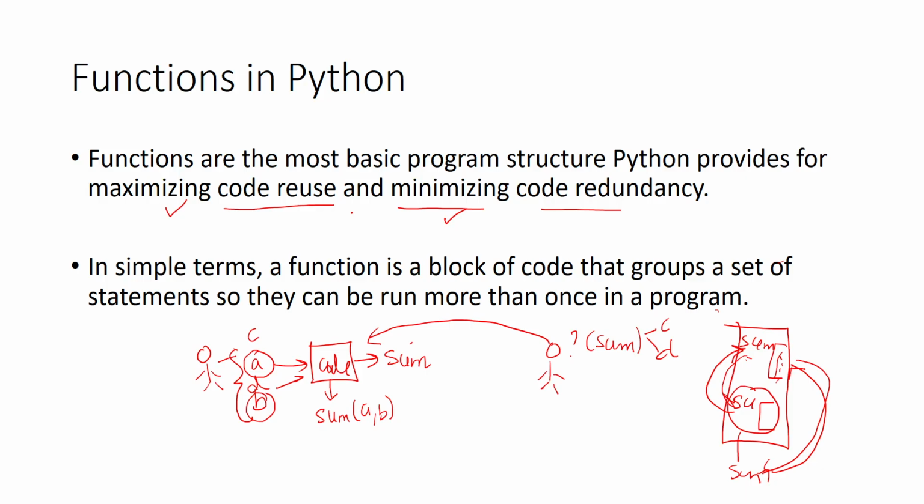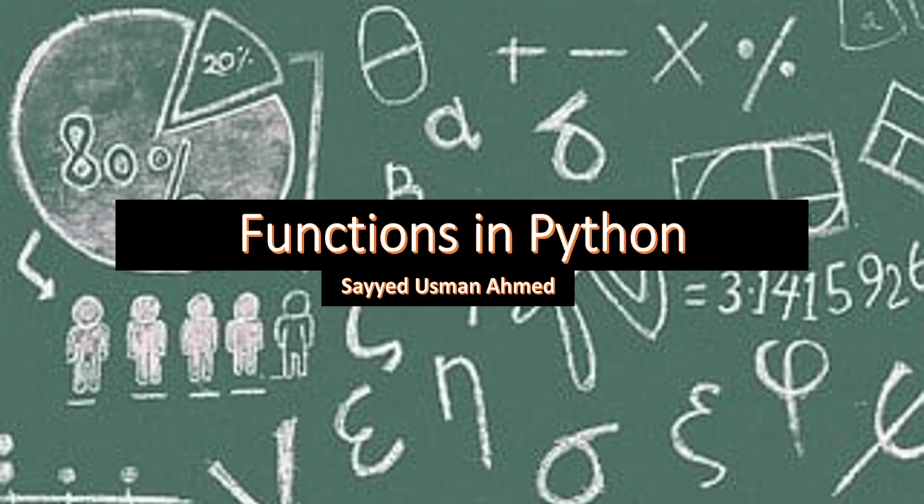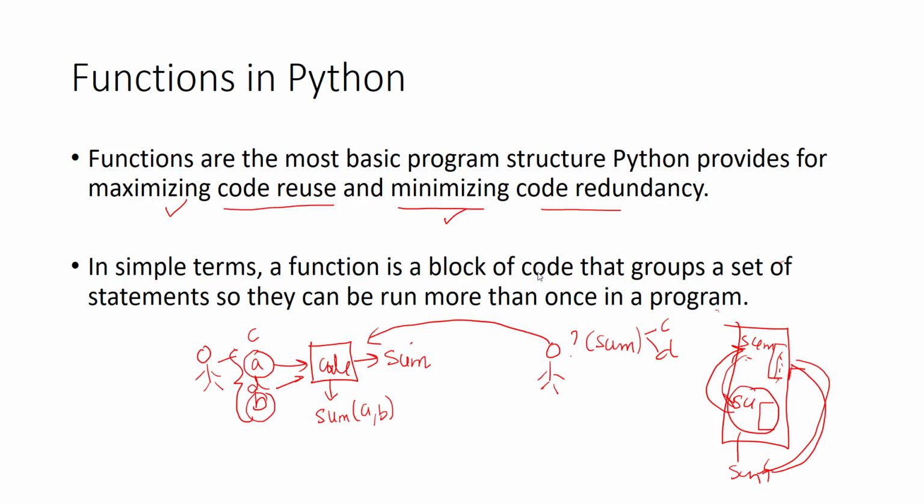In simple terms, a function is a block of code that groups a set of statements so they can be run more than once in a program. What we actually understand is that functions are just a set of statements, where we group certain statements together.